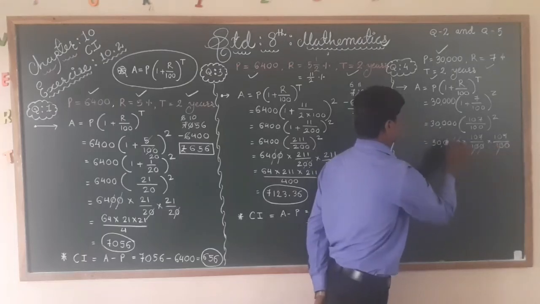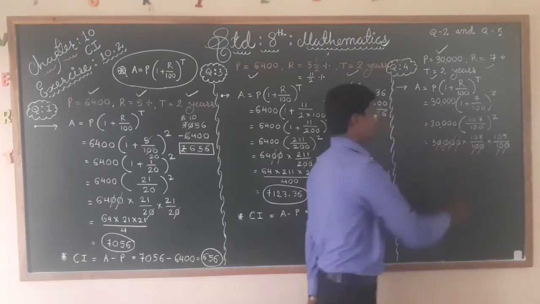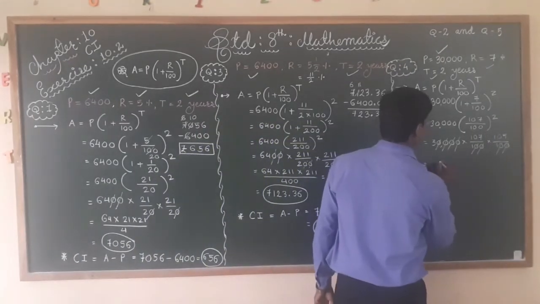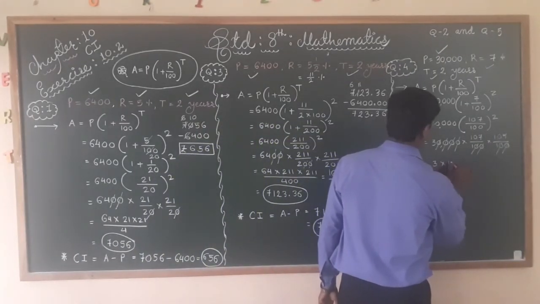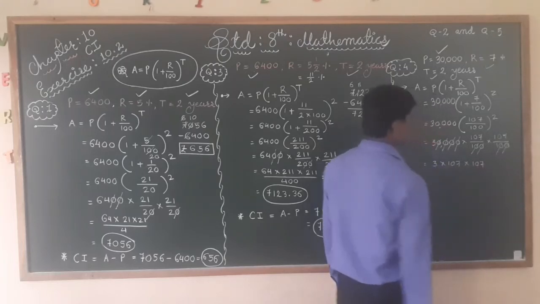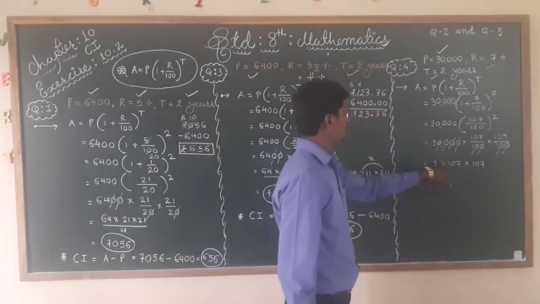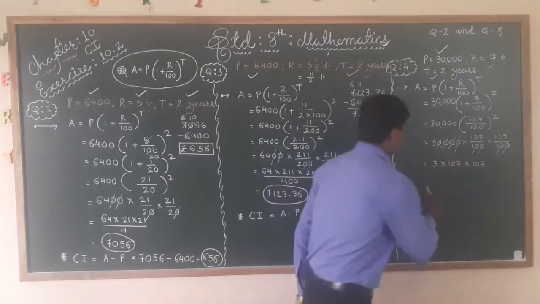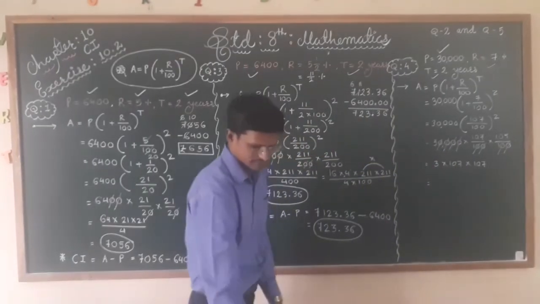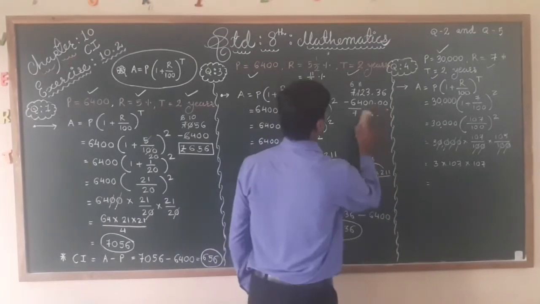From here 0, from here 0, from here 0, from here 0. So what is remaining? Just multiplication is remaining. So 3 into 107 multiply by 107. If you do multiplication, and you will get answer. So you have to do multiplication of 3 digits.